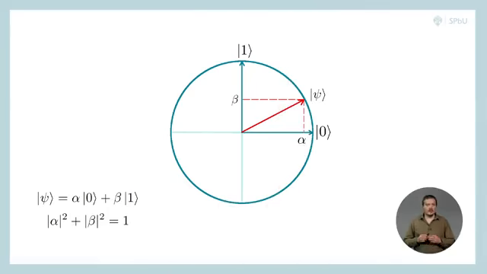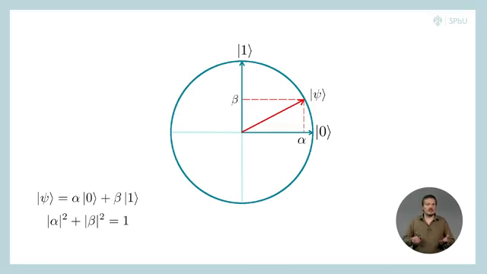Now let's return to the bases we have just discovered. The first basis we have ever mentioned is this. We define the horizontal polarization of a photon as the state 0 and the vertical polarization as the state 1.